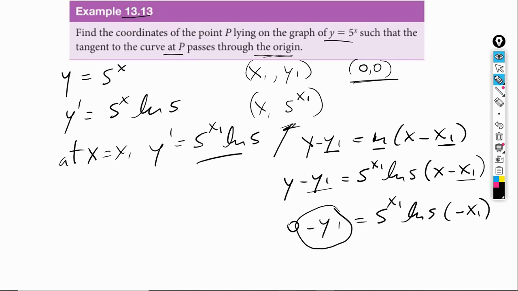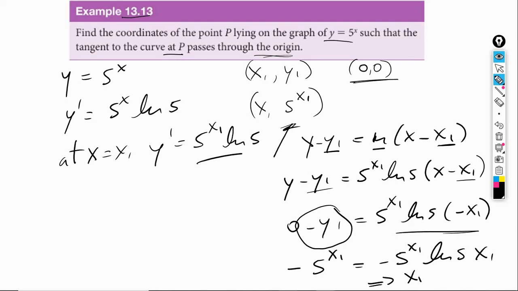So this is really minus 5 to the x1 is equal to, multiplying this, minus 5 to the x1 natural logarithm of 5 times x1. Therefore, notice that x1, the x-coordinate of that point of tangency, has to be 1 over natural logarithm of 5.